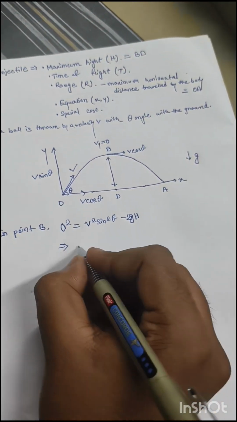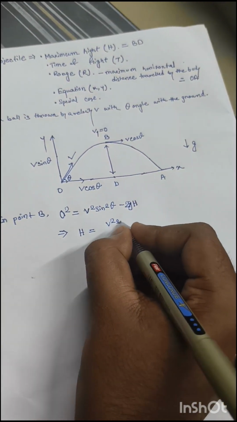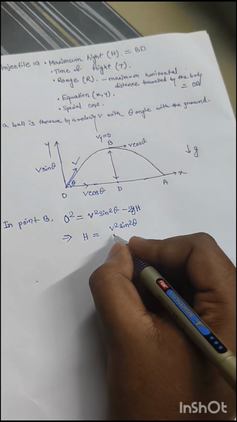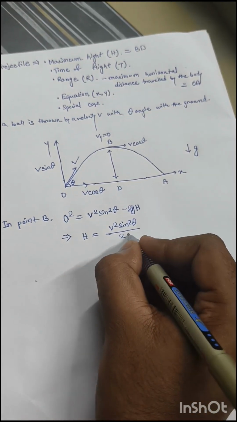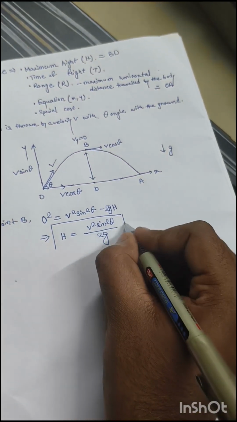From here we calculate that h equals v square sin square theta by 2g. So here we formulate the maximum height.